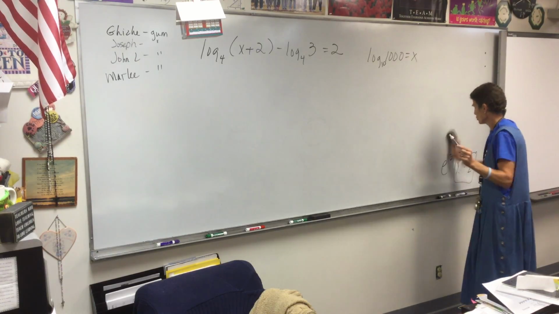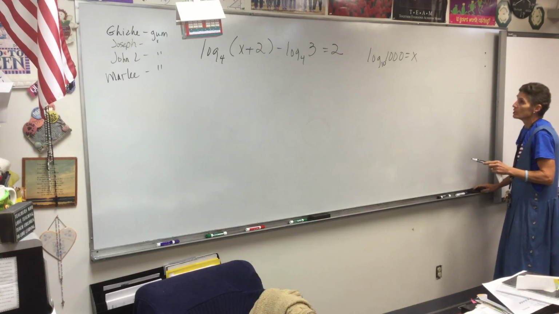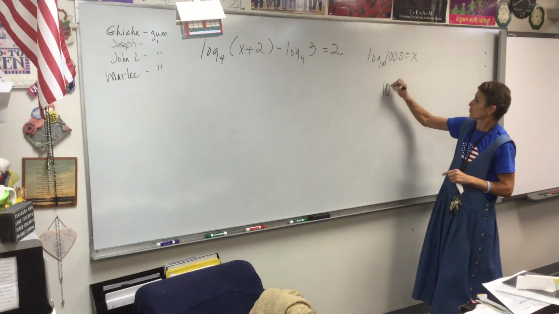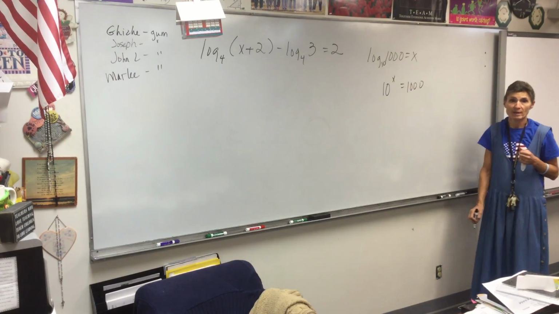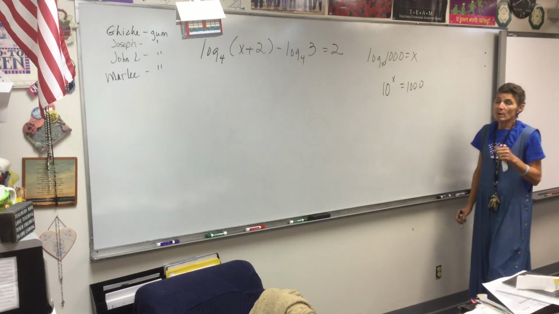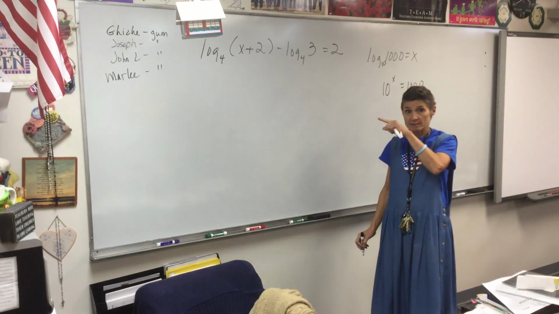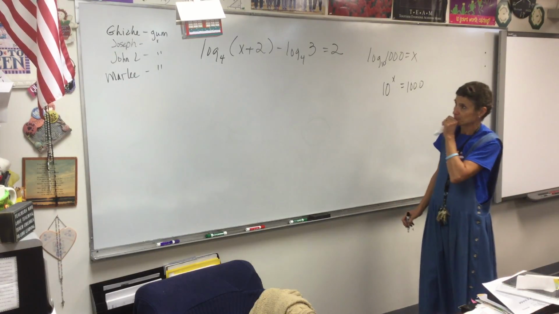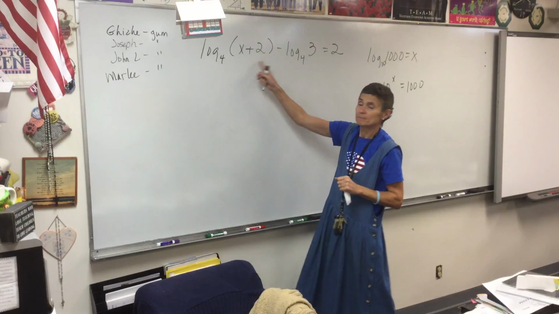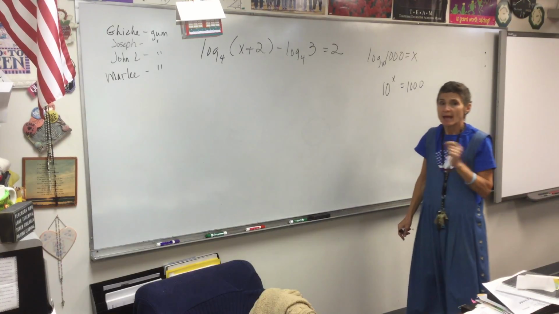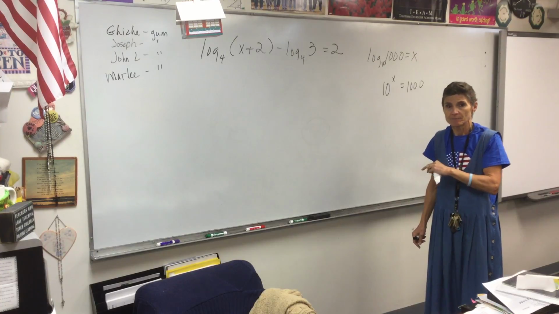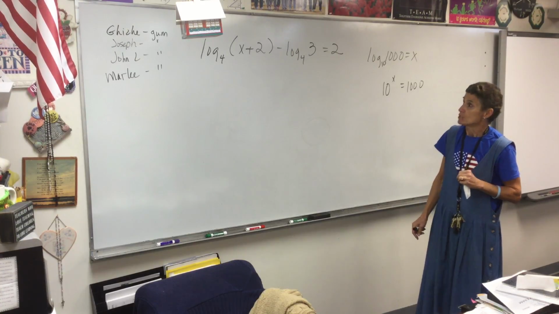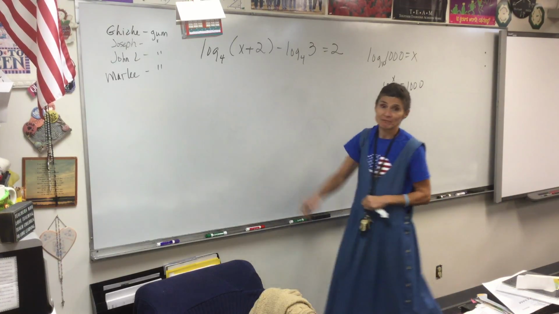When you had an equation that looked like this, you knew that you could rewrite it like this and then solve it from there. We would love to rewrite this. The problem is there are 2 of these, and you cannot have 2 logarithms on the same side of the equation. So these two have to be put together.